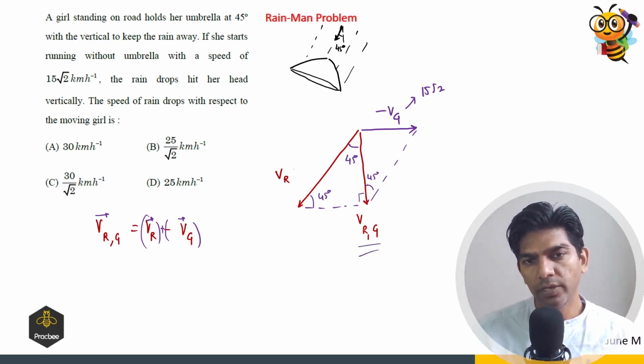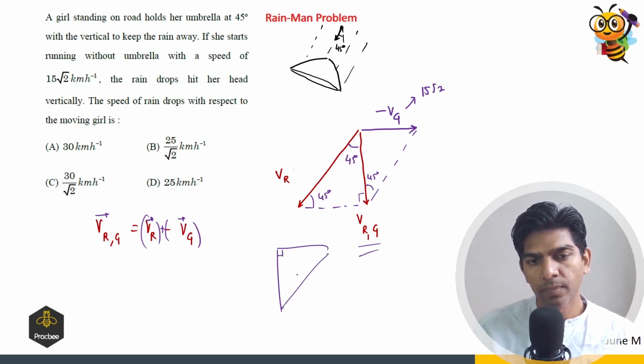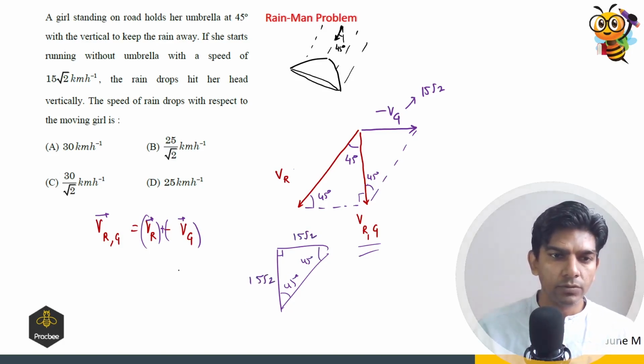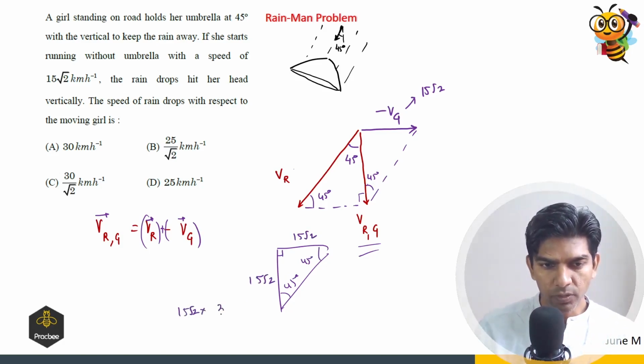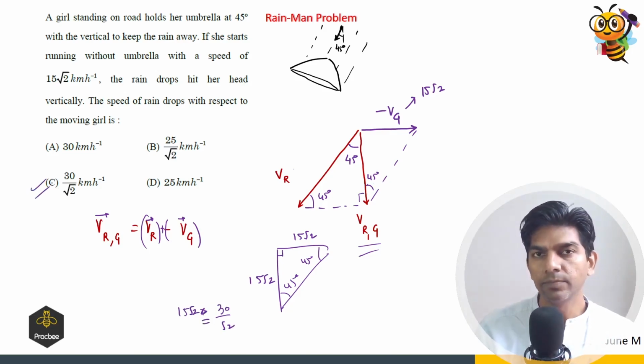So Vrg we have to calculate. In this right angle triangle, this is 45, this is 45, this is 15 root 2. So this has to be 15 root 2, right? So 15 root 2 can also be written as 30 by root 2. So option C is the right answer.